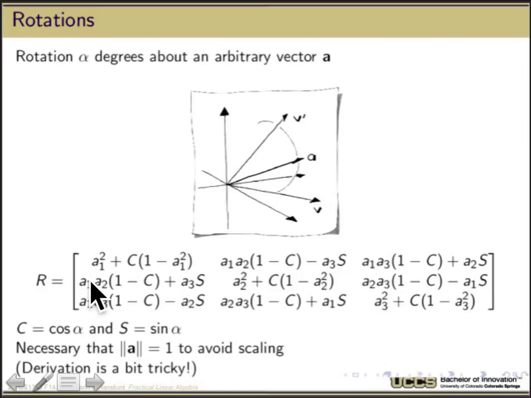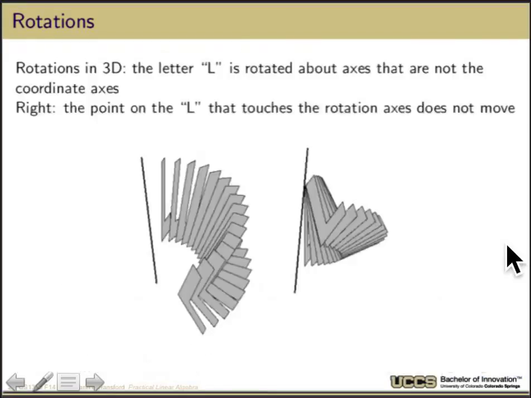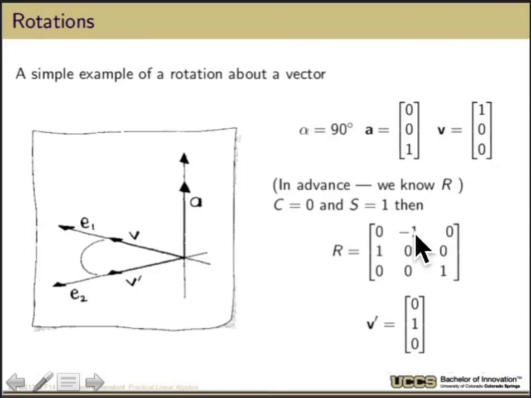And you'll see that when you get back down, you get the matrix you expect for rotation: 0, minus 1, 0, then 1, 0, 0, and 0, 0, 1. That'll rotate this vector into this. So that's just a quick check that the formula is doing the right thing.